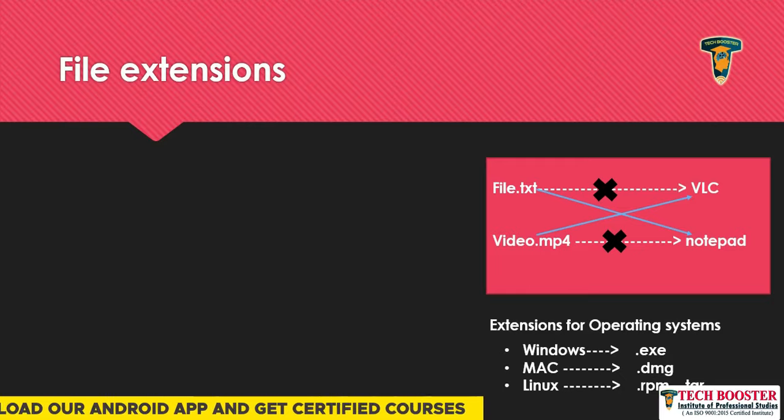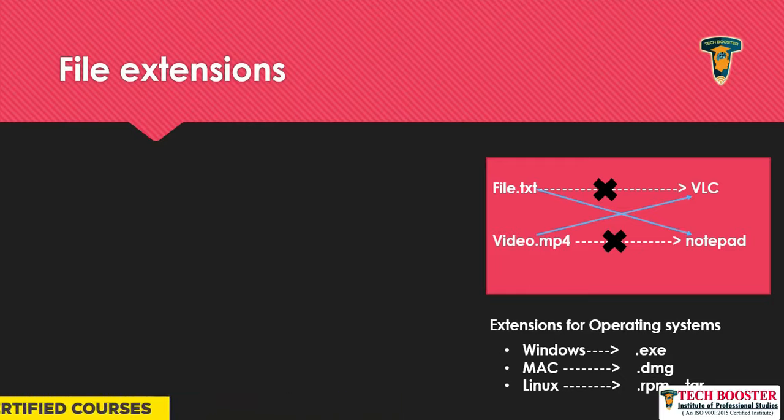So for MS Office for Windows, your file should be of extension .exe. If you are using MS Office for Mac, your extension should be .dmg.